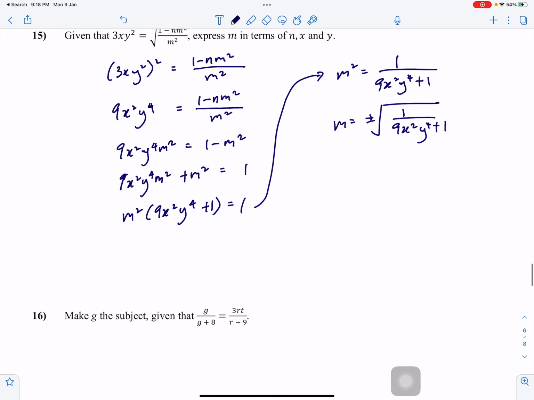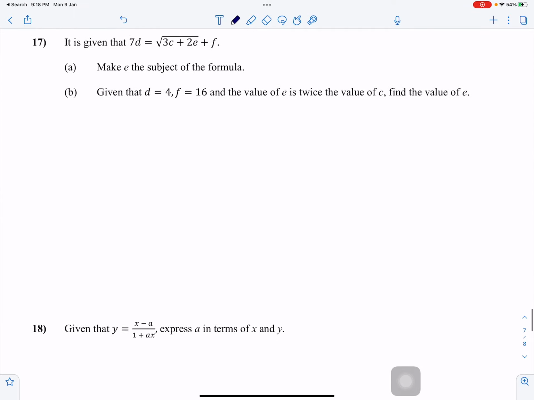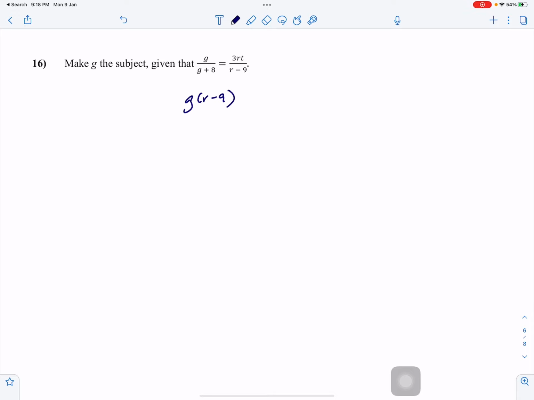And last question before we end off this, no, not last question, third last question. Before we end off this session, by now you should have gotten used to it and be kind of like an expert in doing Sec 2 mathematics already. It should be easy for you. If you find that it's a bit difficult, what I suggest is that you try again. Repeat the video and see whether you can actually do it again.